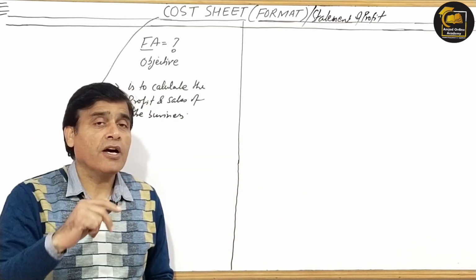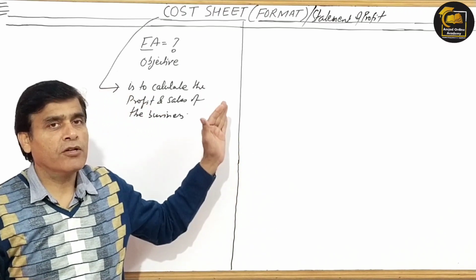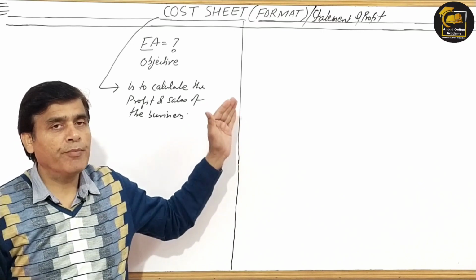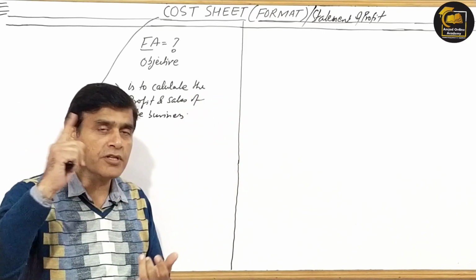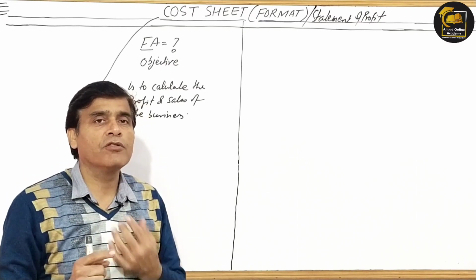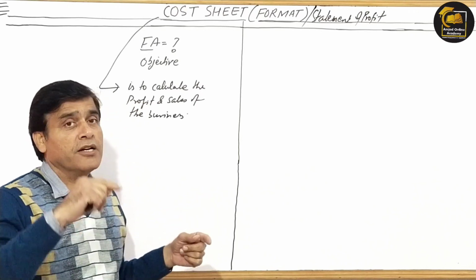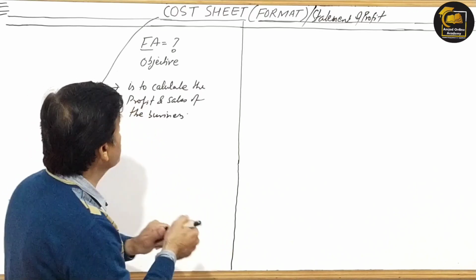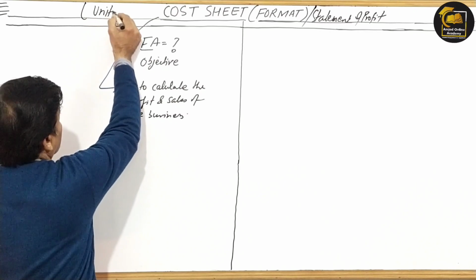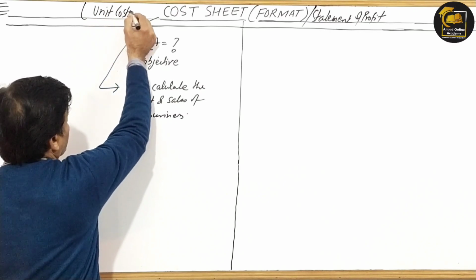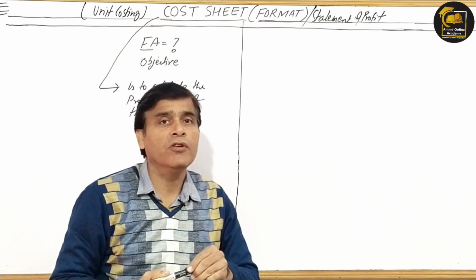Let me tell you another additional thing: when you prepare the cost sheet, this method of preparation comes under the methods of costing. There are different methods of costing, and I will make a separate video on that. The cost sheet comes under the method known as unit costing. You have to be very careful about these things.